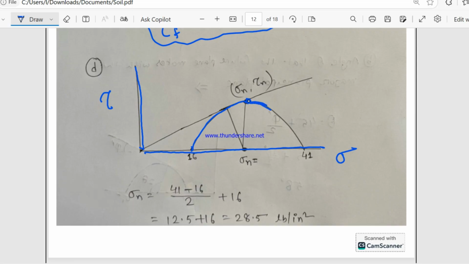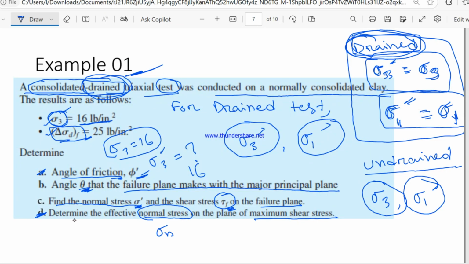So the maximum shear stress point is here. This distance is the normal stress, and this distance is the shear stress, which is the maximum shear stress. So the question is to determine the effective normal stress on the plane of maximum shear stress.